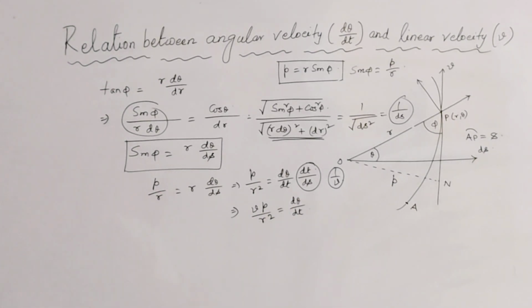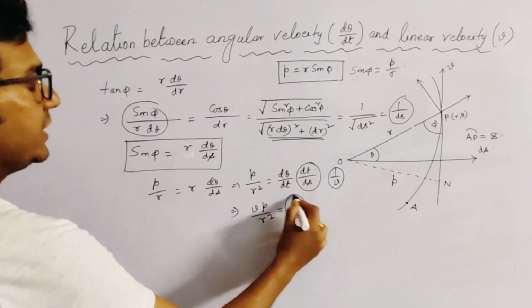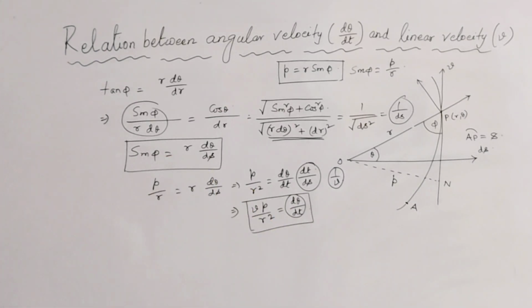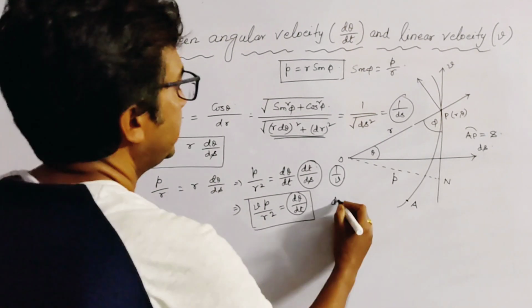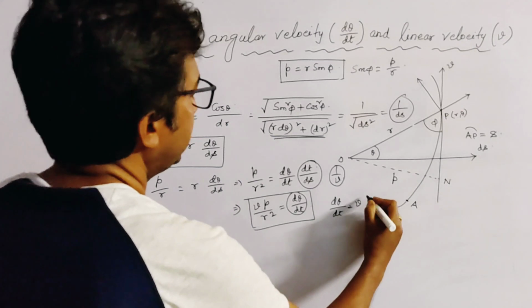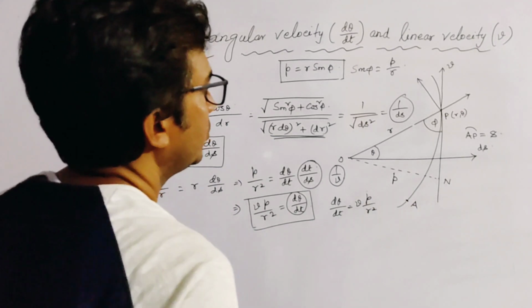So we get the relation between linear velocity v and the angular velocity dθ/dt: dθ/dt is equal to v into p by r².